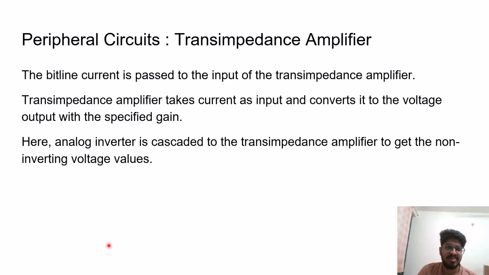As I have explained in the previous slide, the bitline current is passed to the input of the transimpedance amplifier. This transimpedance amplifier takes current as input and converts it into voltage. But what is the problem? The output voltage is inverted. So we cascade an analog inverter at the output to get the non-inverted voltage values.